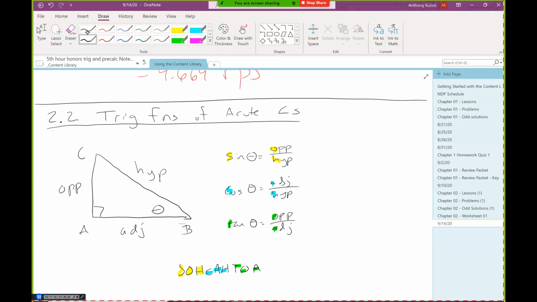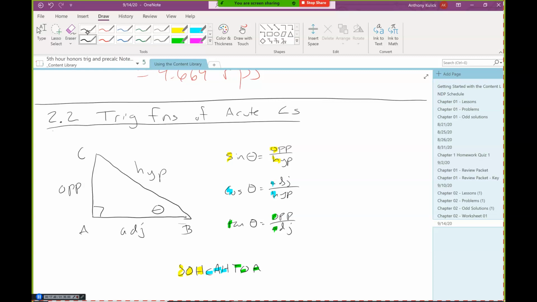Something that always bothered me as a student here: we have sine is opposite over hypotenuse, cosine is adjacent over hypotenuse, tangent is opposite over adjacent, but there are 3 other ratios that I could write here. Why don't I have one for hypotenuse over opposite, or hypotenuse over adjacent, or adjacent over opposite? Those are all valid ratios I could write.